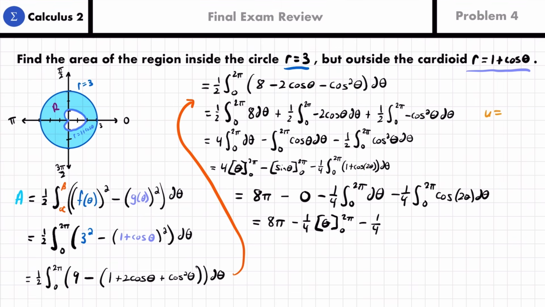We're going to let u equal 2 theta, and so the derivative of u with respect to theta is 2, right? The derivative of 2 theta is 2, if theta is a variable that we're taking a derivative with respect to. And so then solving for du, we get du equals 2 d theta. But in the integral, I only see d theta. I don't see a 2. So let's divide out that 2, and we get du divided by 2 equals d theta.